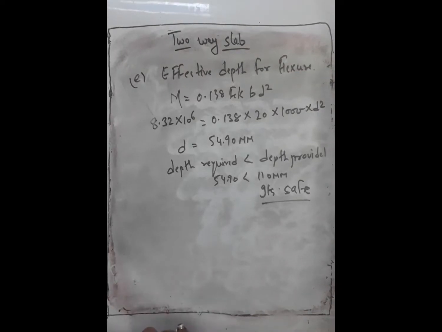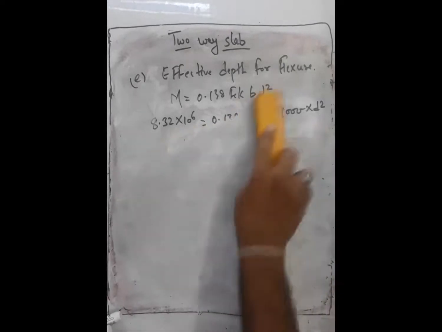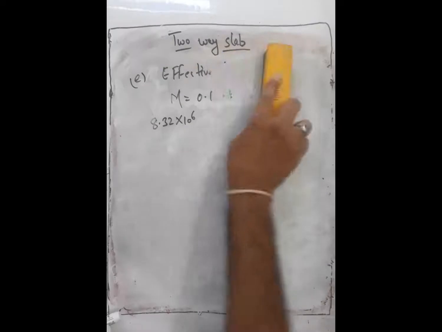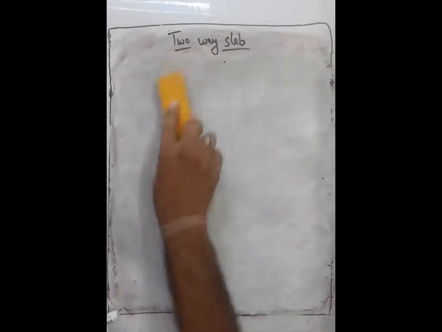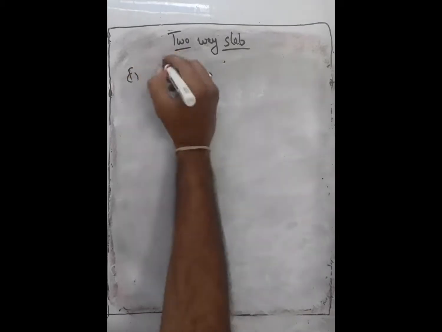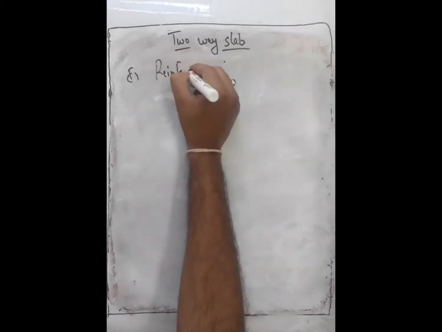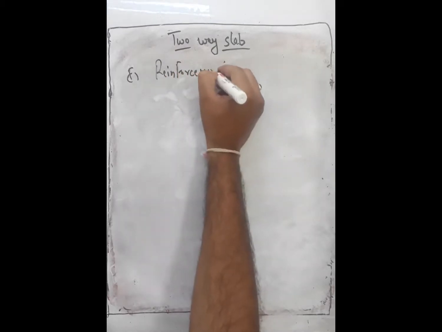Now after checking this we have to find the reinforcement. So let's find reinforcement now. Reinforcement, we have provided reinforcement maximum in middle strip.